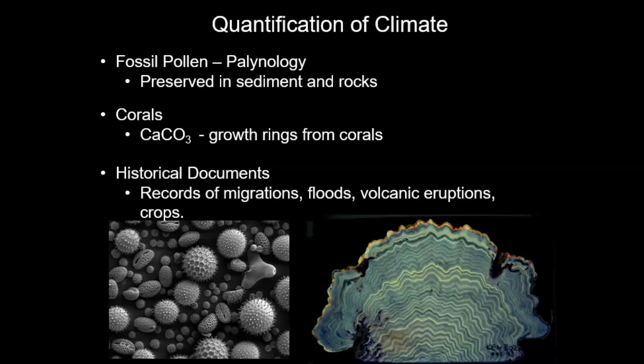These events can be things such as floods or volcanic eruptions, blizzards, maybe the migration of animal species, including themselves, and they can include things such as crops and their success or lack thereof. So overall, these accounts in the historical documents can provide us with useful evidence of some possible influences from the changing climatic conditions at the time that the document was made.